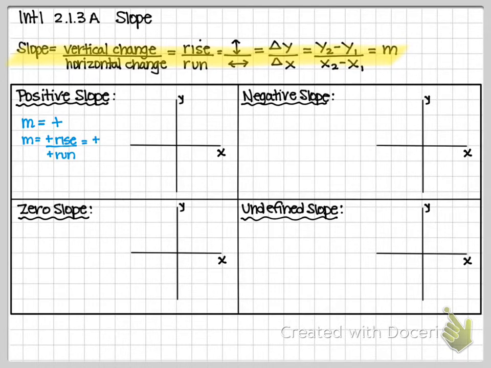That's one way to look at it. But there's another way for this to happen. And that is, what if we have a negative rise over a negative run? Well, we also know that a negative divided by a negative is a positive. So we still have that comparison of rise over run. There's something really nice about this, and this is going to hold true for us forever, which is really nice.